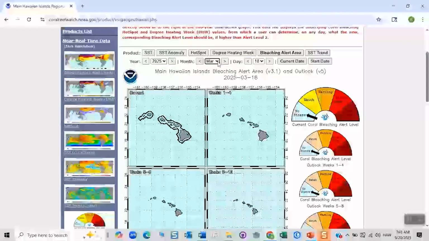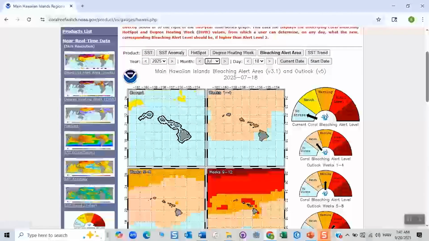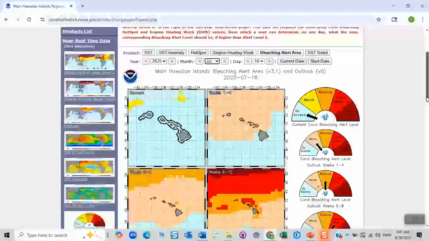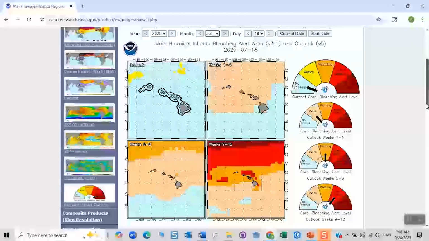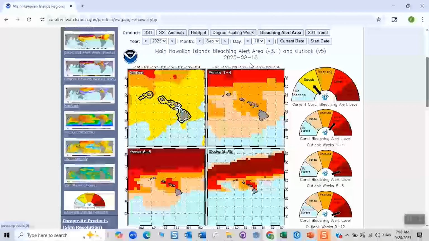If we looked into July, there's no stress in the current moment on July 18th, 2025, but there is a little bit of a watch happening, and 5 to 8 weeks out, a warning, and 9 to 12 weeks out, we have our alert level 1 status. So now if we go back to our current date, 9/18/2025, you'll see the data there.